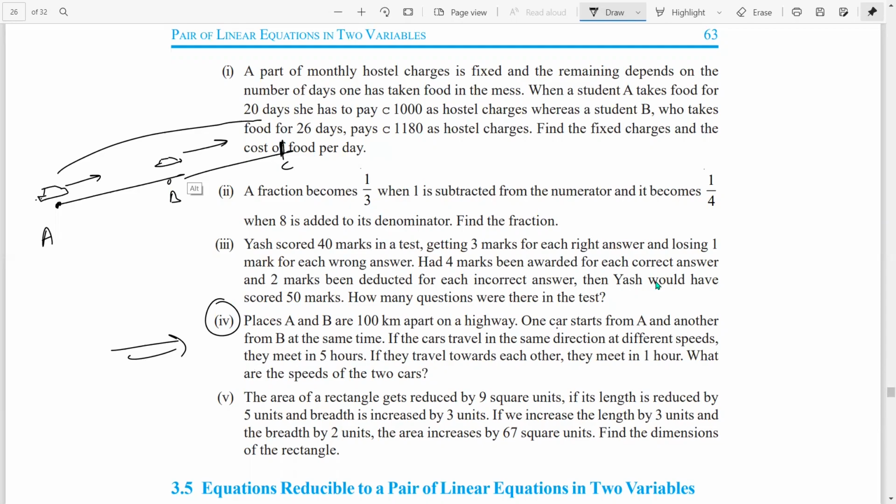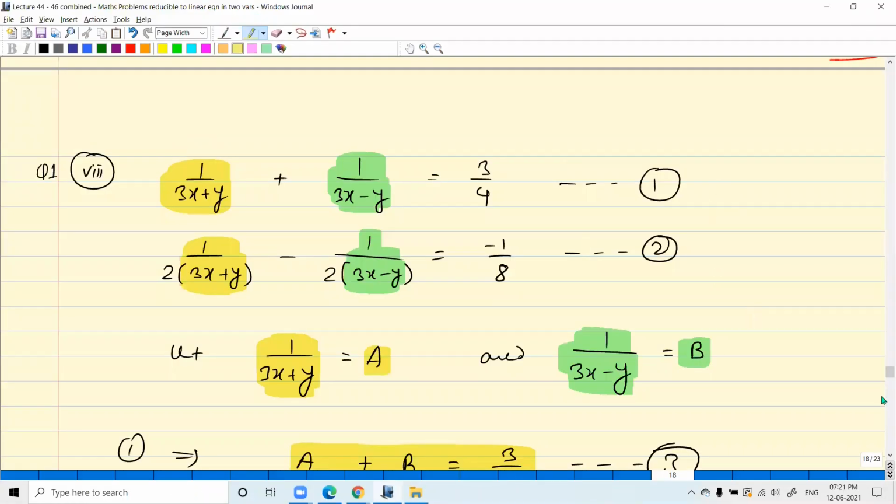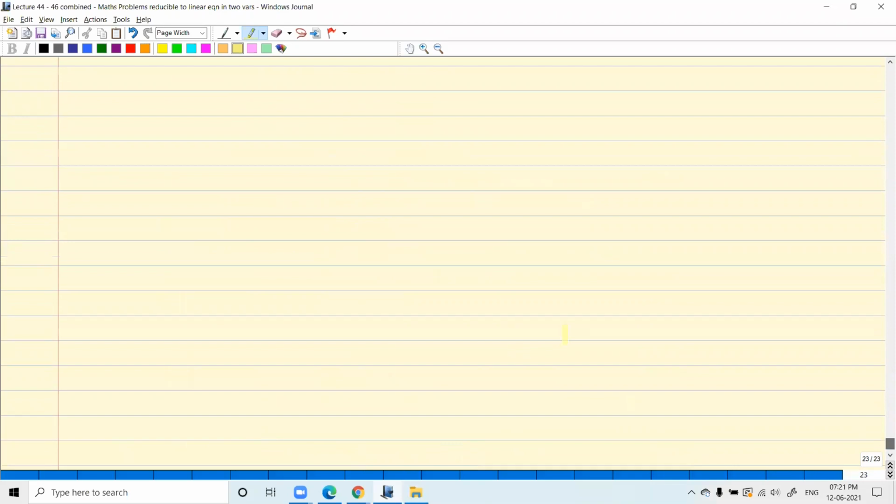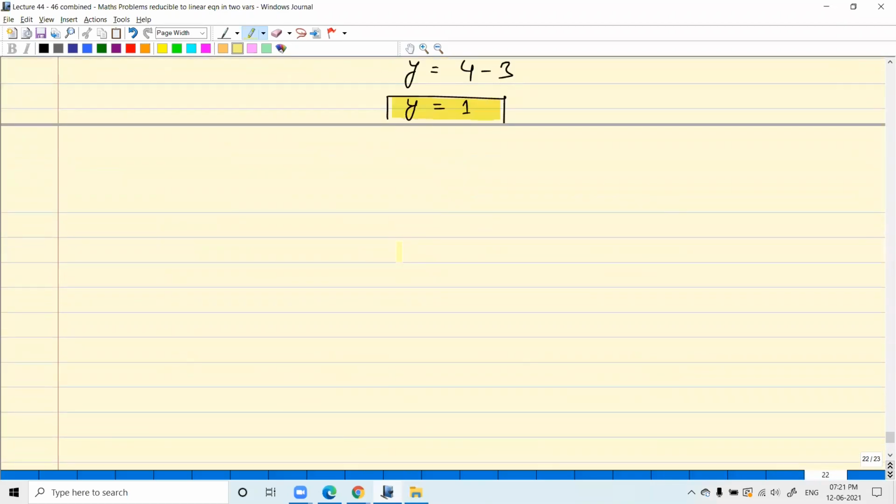So let's draw this properly. Exercise 3.5, question 4, fourth part. So let's call it case 1.